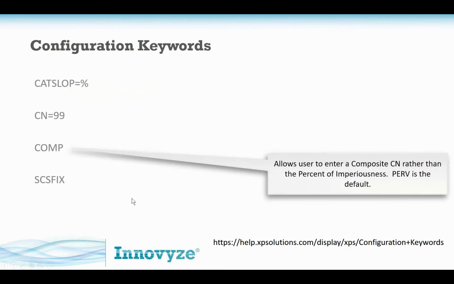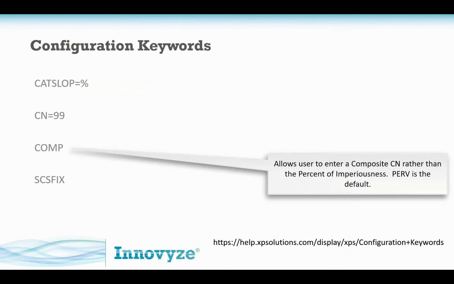Composite. Okay, in many cases, the SCS method, we all seem to view that and do our composite calculations depending on where we're doing it. In this case, this keyword allows us to enter that direct composite number rather than having XPSWM and XPSTORM rely on our percent imperviousness.